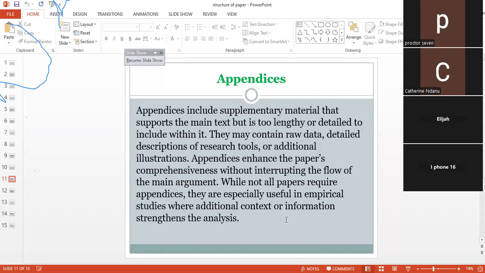But then, if a researcher or a reader wants to refer to those texts at length, you give them an appendix at the back, where you place all the text from WhatsApp. Even interviews: if you have done interviews and people have spoken at length, you can have even 20 pages of just interviews.